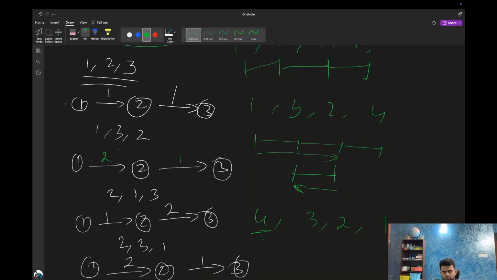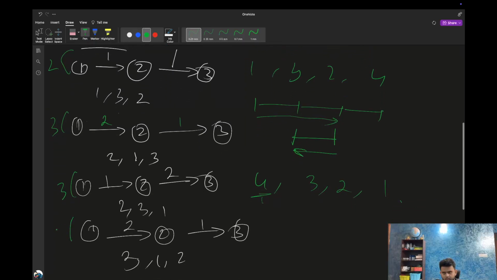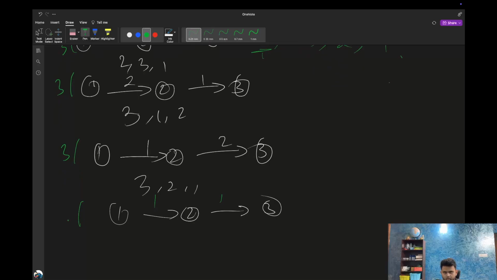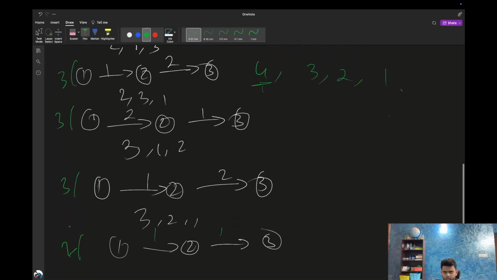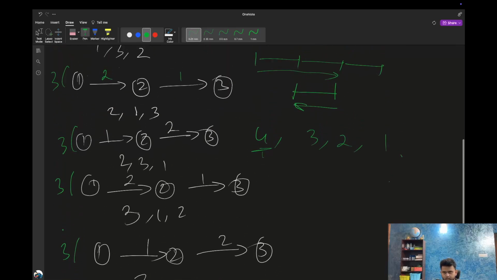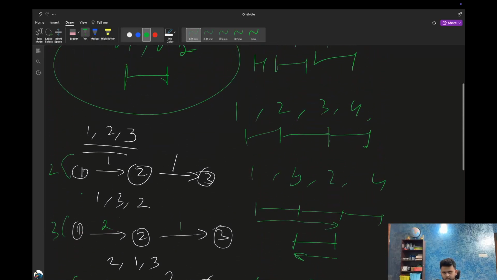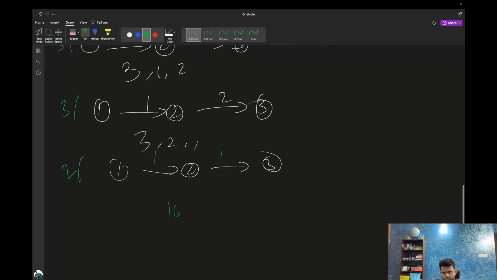Now the totals here are 2, 3, 3, 3, 3, 2, summing to 16, so 16 by 6.